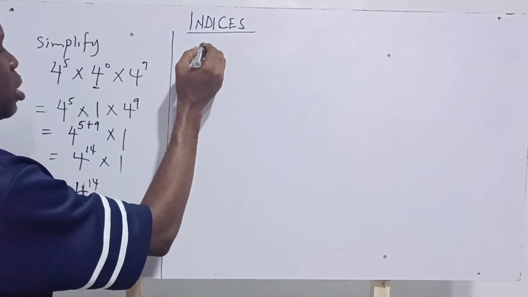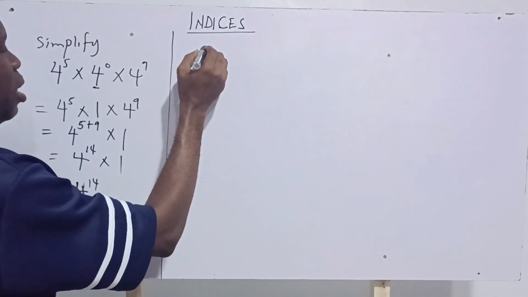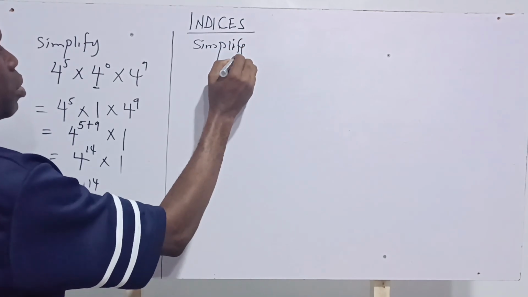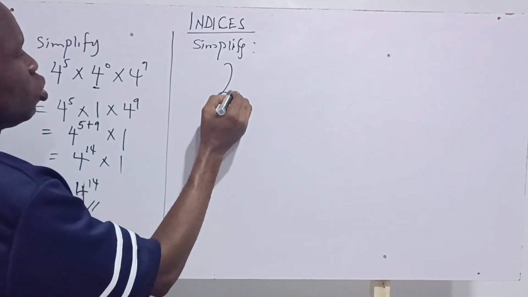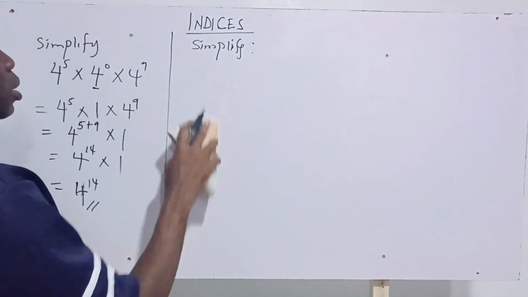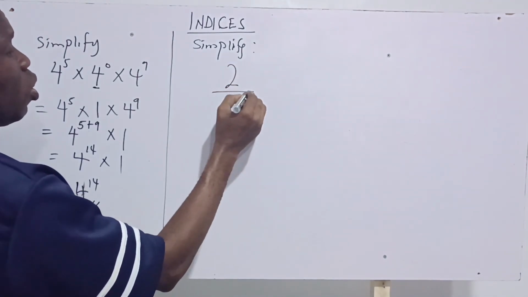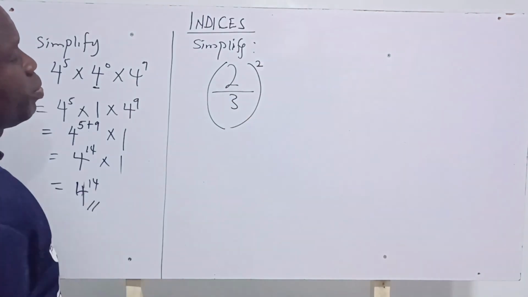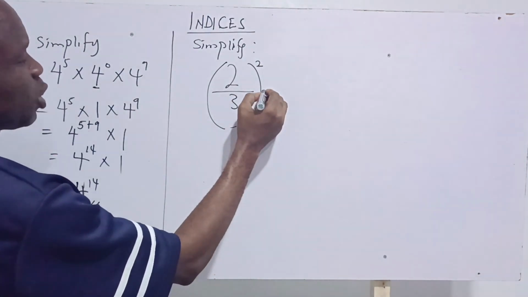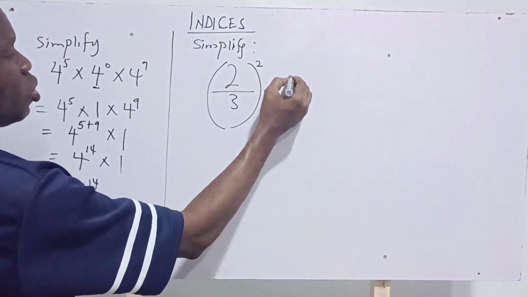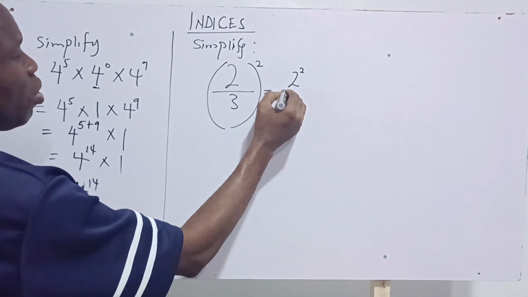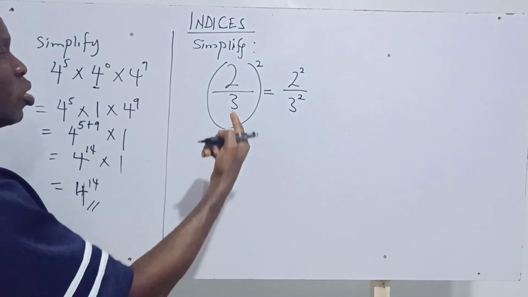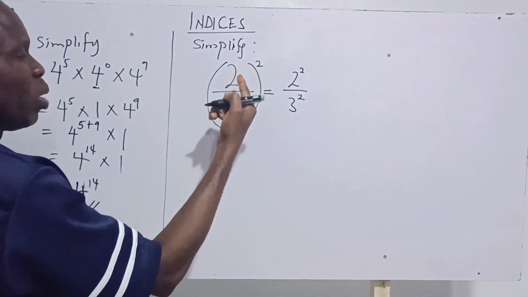If you are asked to simplify 2 over 3, in brackets, raised to power 2, you can express this as 2 raised to power 2 over 3 raised to power 2, because the power outside the bracket belongs to both 2 and 3.